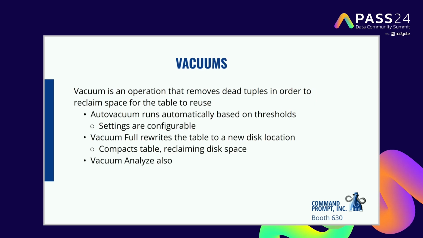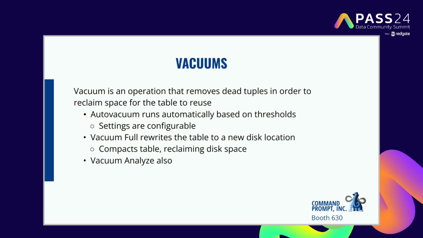Okay. Vacuums. This is an operation that helps remove dead tuples from tables. Tuples are rows, right? It's just another fun word for rows. I have a coworker that calls them tulips, which is very pretty, I think. It helps reclaim that space. Auto vacuum is a type of vacuum that runs automatically based on thresholds, and you can adjust those for specific tables or databases.